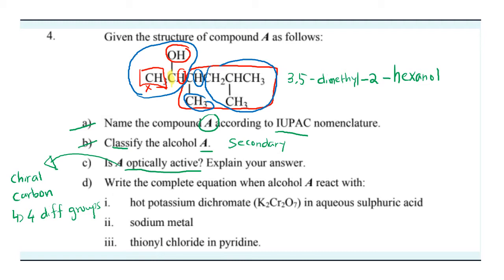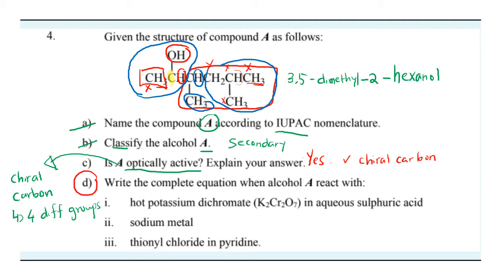This CH2 is not chiral because it has two hydrogens. This one is also not chiral because it has 1 hydrogen and then CH3, CH3; these two groups are the same. This carbon has 3 hydrogens, and this carbon also has 3 hydrogens, so they are not chiral. So is A optically active? Yes, because it consists of chiral carbon.